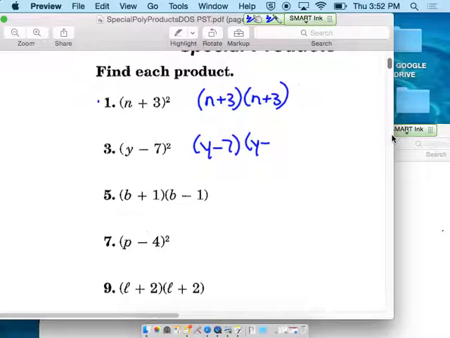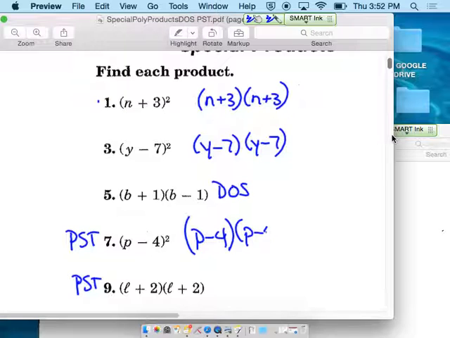So to expand it properly, this is what you're expected to do. Number 5 is a difference of squares. Number 7 is the perfect square trinomial. So you can see the difference. Number 9 is also a perfect square trinomial. In number 9, they've written it out for you. In number 7, you're supposed to know to do this, and then go ahead and multiply it out.